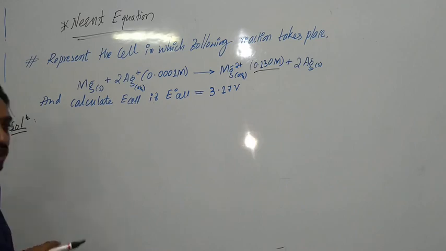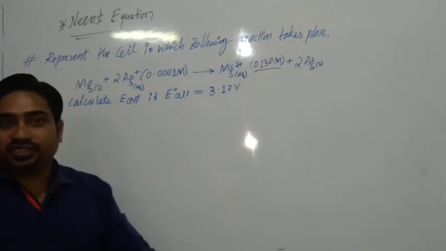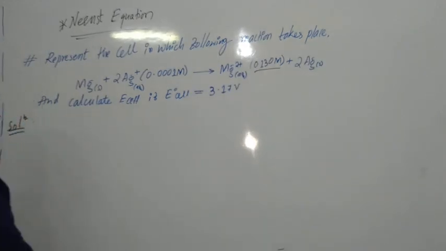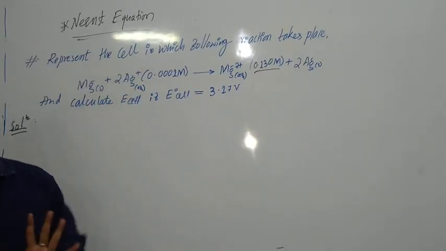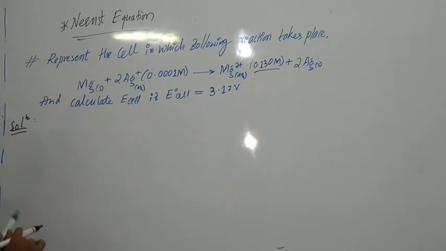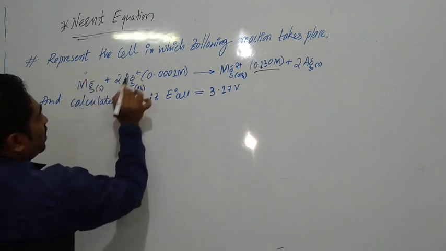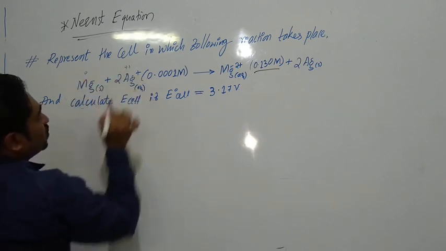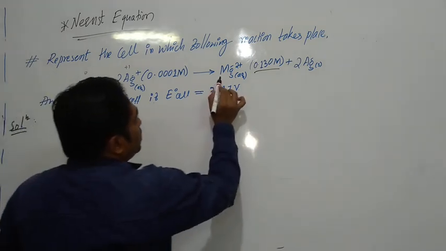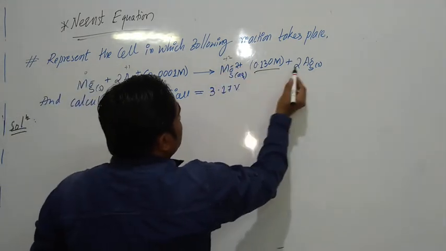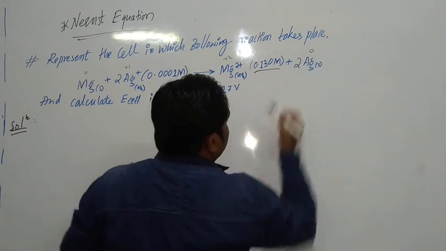To understand which species is oxidized and which is reduced, we just have to write the oxidation state of all these species. The oxidation state of magnesium is 0. Oxidation state of silver is +1. Here the oxidation state of magnesium is +2. Oxidation state of silver is 0.